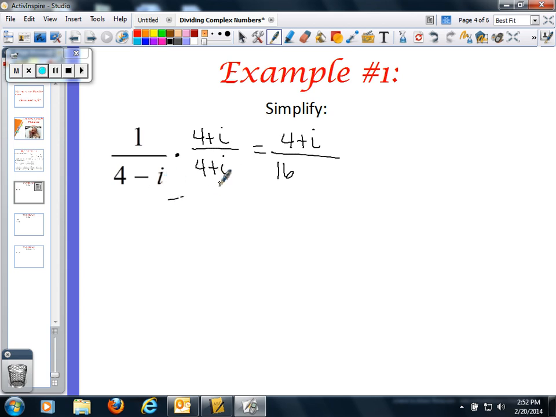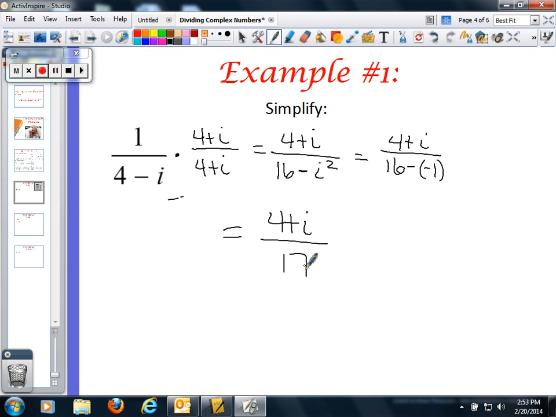Then negative i times positive i is going to be negative i squared. This is 4 plus i over 16 minus negative 1, which is then going to give you 4 plus i over 17. And this is your answer.